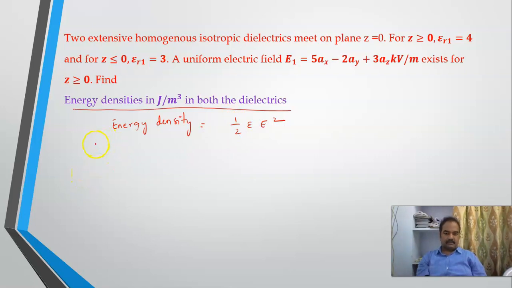So now I'll compute for E1, which is equal to half epsilon into E1 square. So this is half epsilon value, you know it. This is 8.85 into 10 to the power of minus 12 into epsilon R1. Yeah, this is 2 actually. Epsilon R1 is 4 into E1.